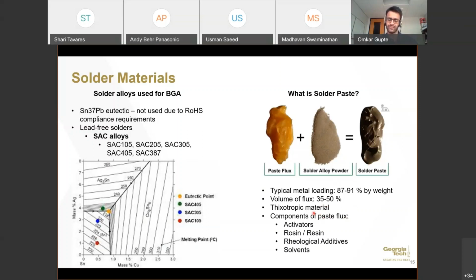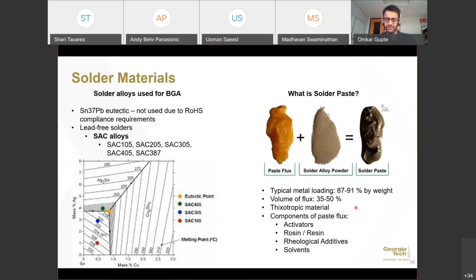The paste is what we call a thixotropic material. It's a rheological property wherein, when a shear force is applied to the paste, its viscosity changes and it's easily flowable, whereas when that shear force is removed, it maintains its shape and doesn't flow anymore.